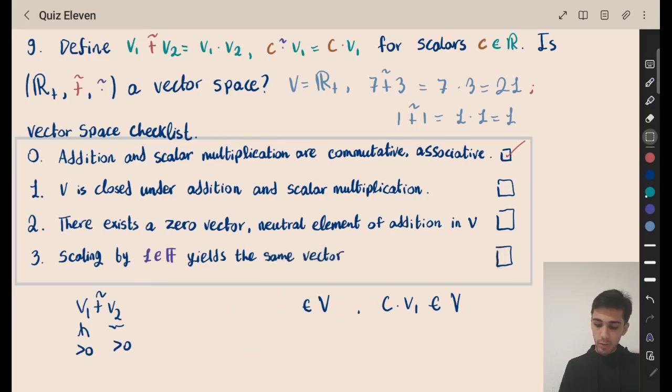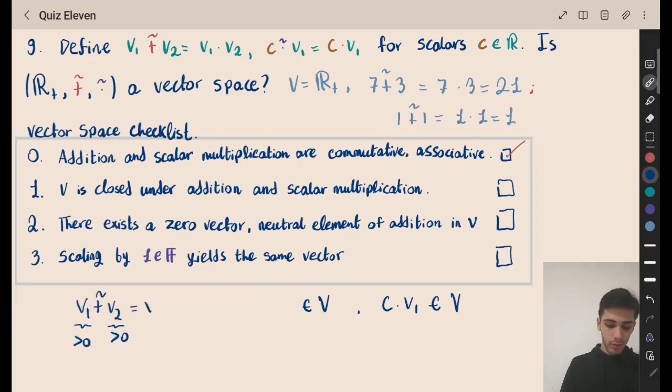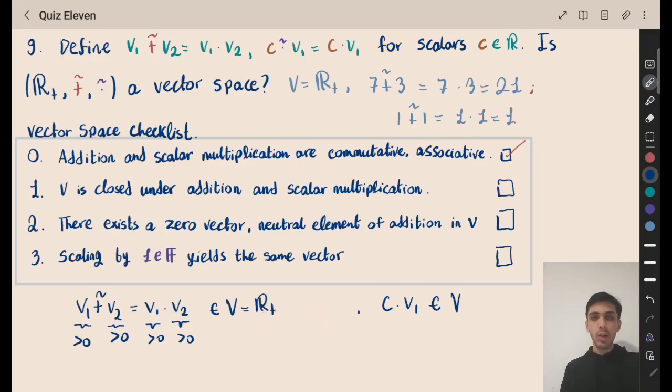Now let me expand on this. This is really just multiplication. And remember that your vector space is R positive.